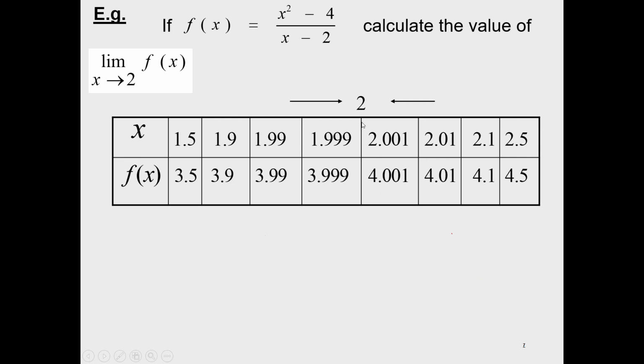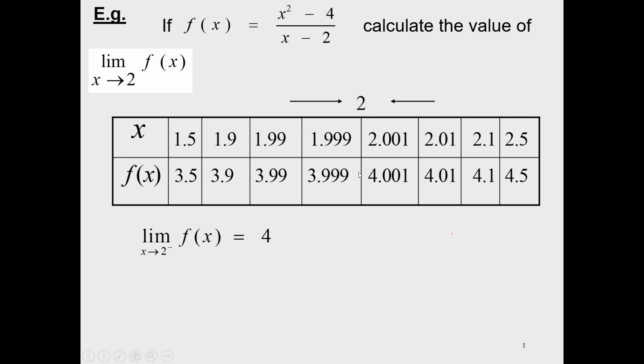So what do you think is the number in the middle here? The middle number here is 2. For x, the middle number is 2. What is the middle number here for y? So we can actually see that the middle number here is 4, between 3.999 and 4.001.